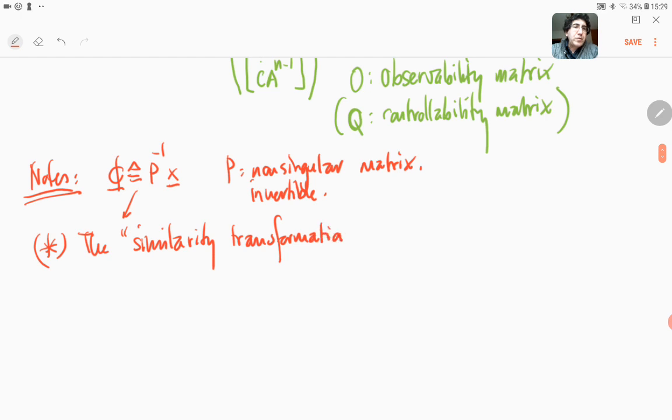In fact, for those of you who will be taking the linear systems theory courses at the graduate level, we'll go into the depth of these definitions.